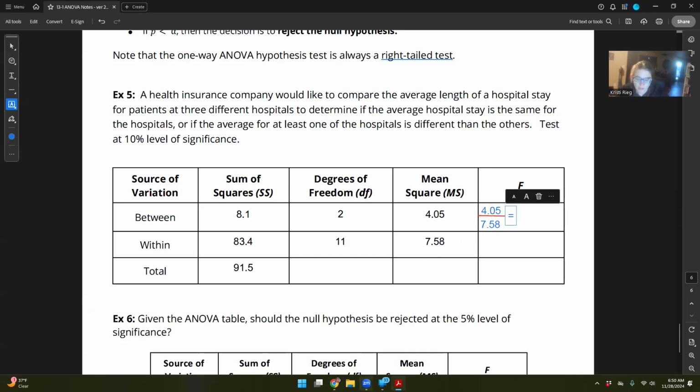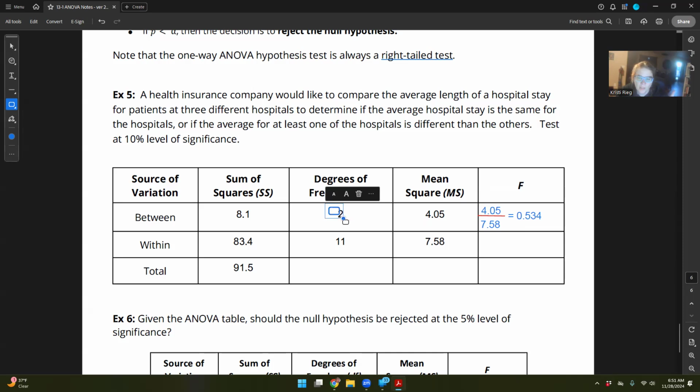Let me just calculate that real quick. 4.05 divided by 7.58, and we get 0.534. That's a good number to stop. The reason I'm doing that is because we're going to finish the test.